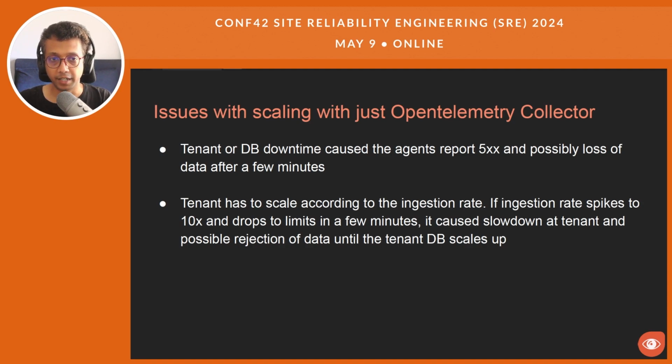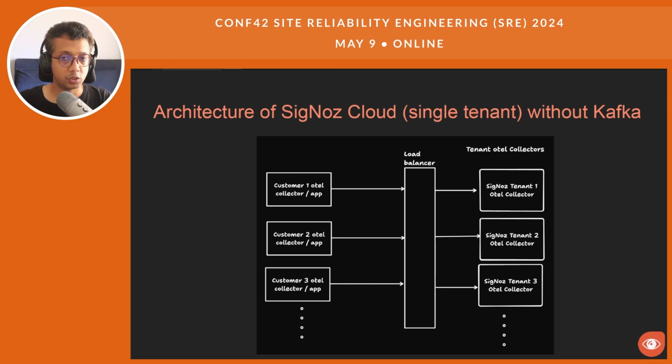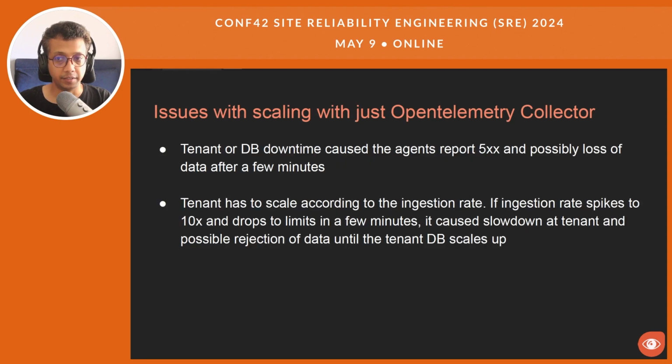Also, if a customer suddenly spikes their ingestion rate, say 10x in a few minutes, and it is directly connected to a single OTel collector, maybe the OTel collector doesn't scale as quickly, and that may lead to loss of data for the tenants, right?